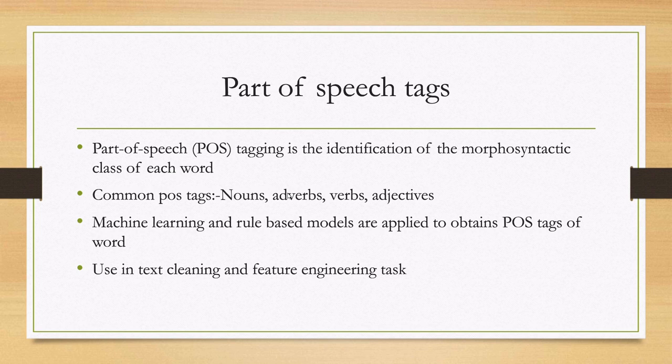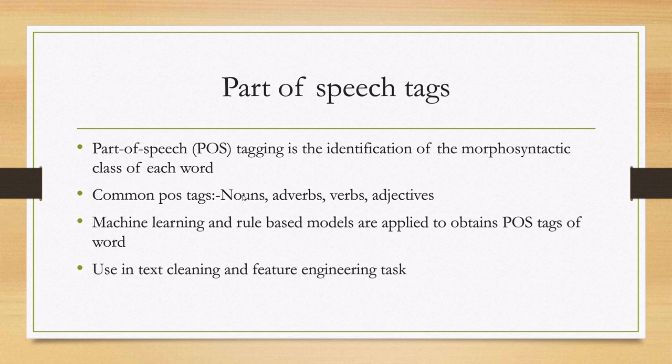Let's discuss some structure and syntax related properties of a text, like part of speech tags and grammar parsing. Part of speech tags define the syntactic context and the role of a word in a sentence.